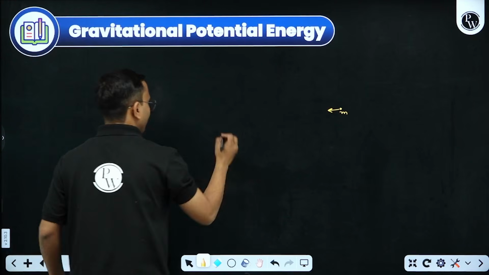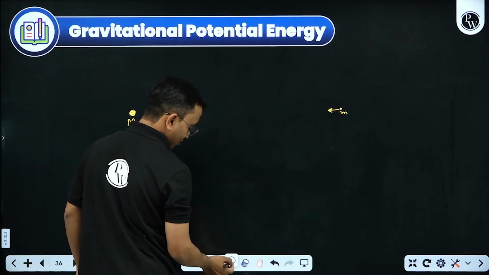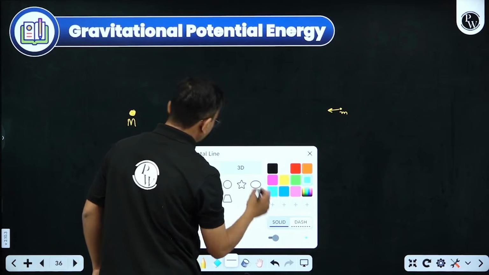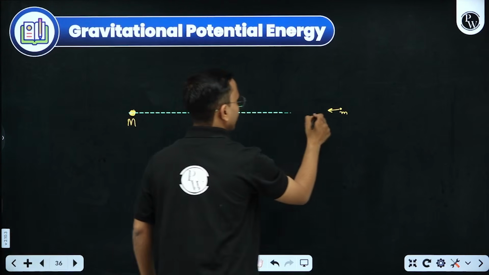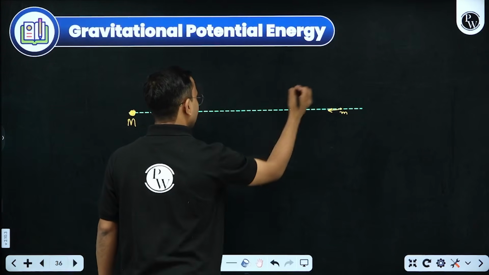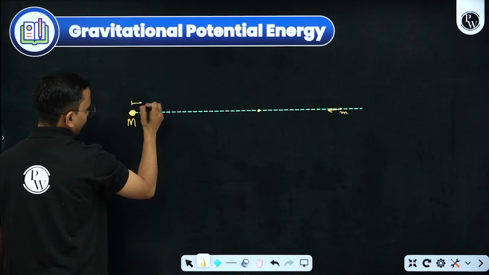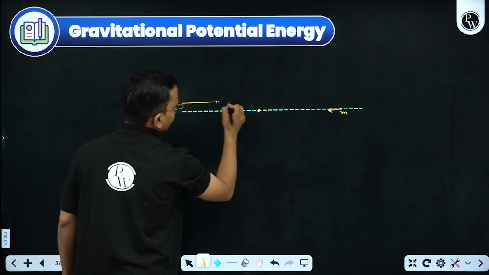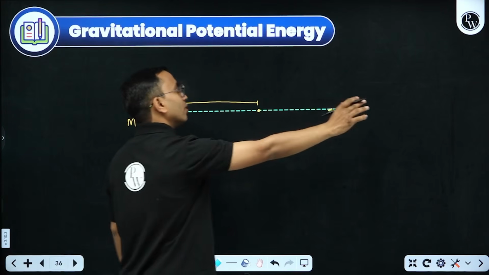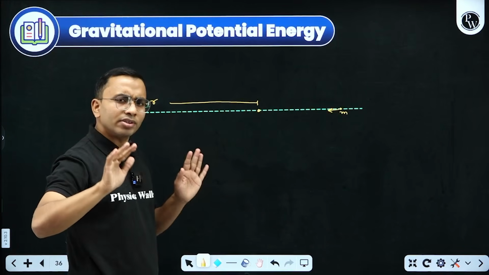So at any instant, let us take this point mass to be somewhere here at a distance r. I am bringing it slowly, which means it is coming with nearly constant speed.